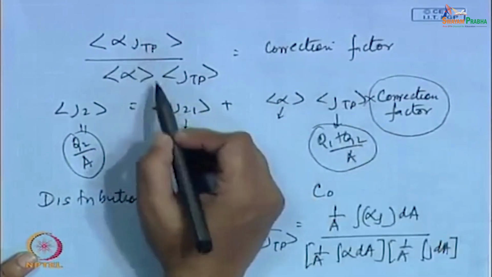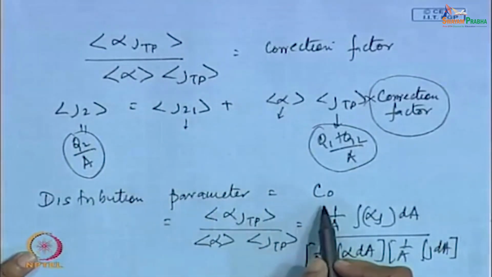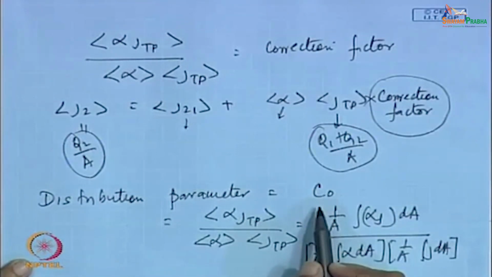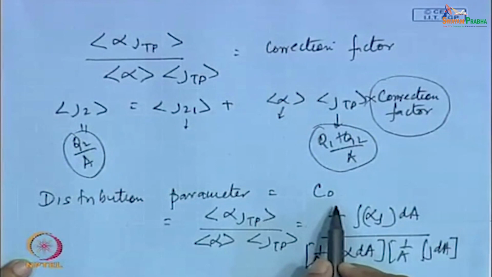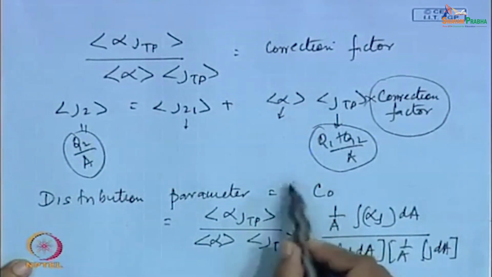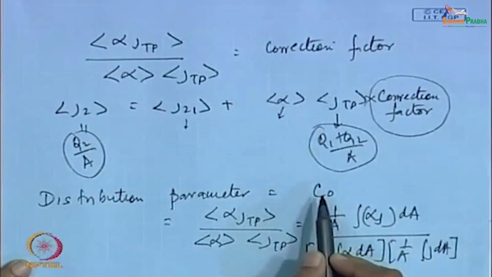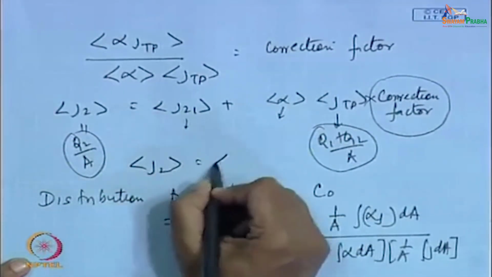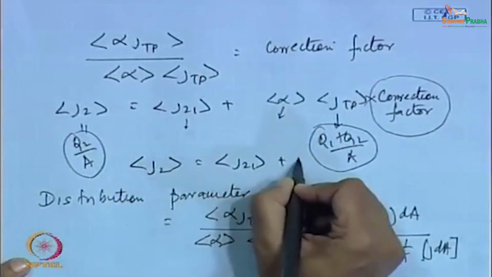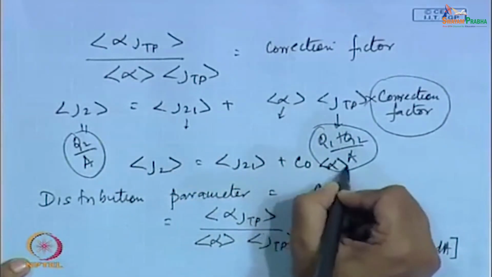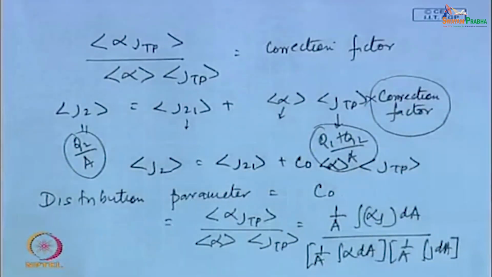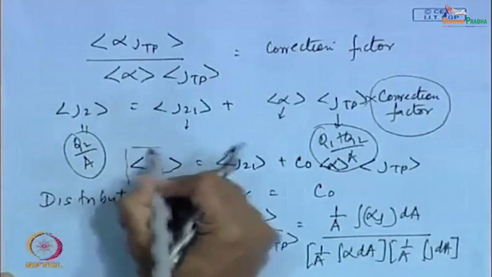This correction term is defined as a distribution parameter, or a Zuber and Findlay parameter, since they were the first researchers to propose this concept for two phase flow. This makes the form of the equation now something of this sort.